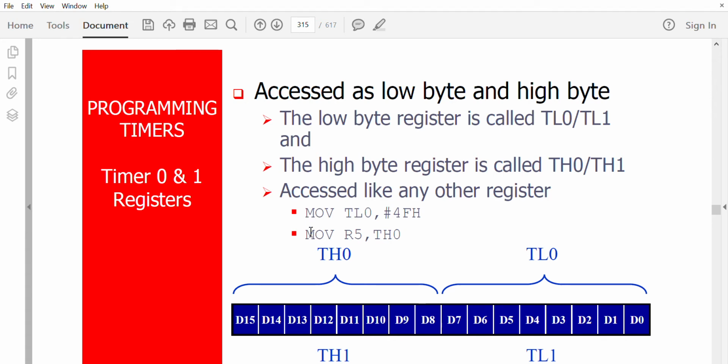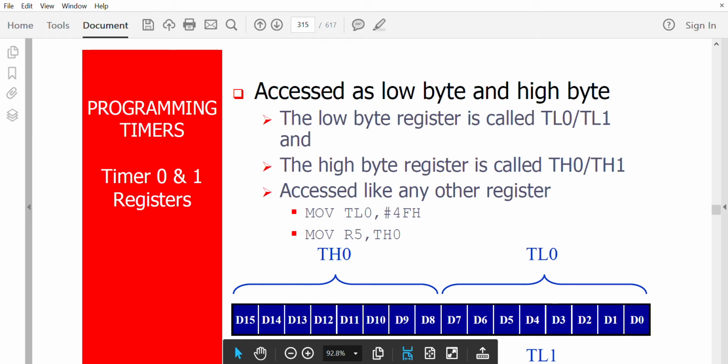So if you write MOV TL0, #4FH, that means that the value 4F is moved to TL0. So TL0 will get 4F, which is 01001111. And MOV R5, TH0 means whatever value is there in TH0 will be moved to register R5.